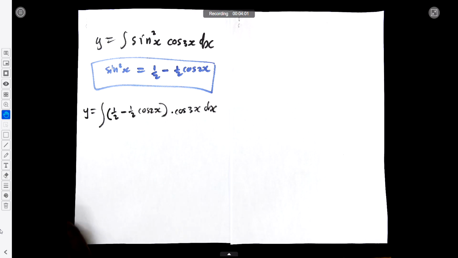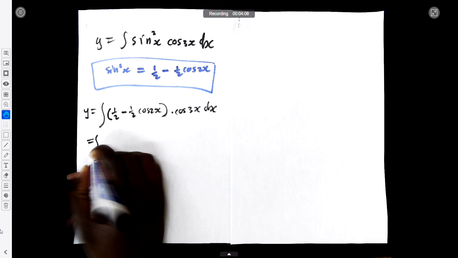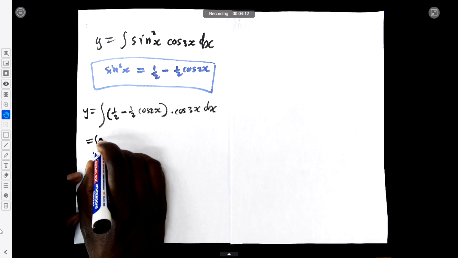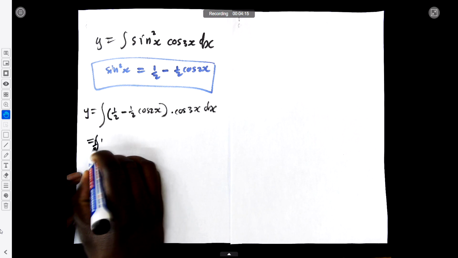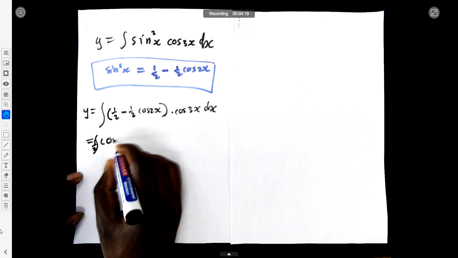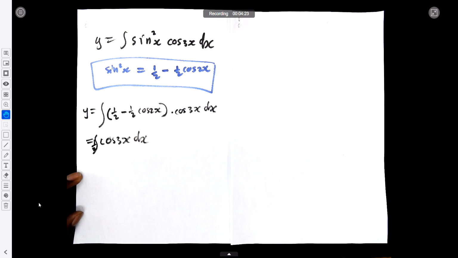Then in that case, we can multiply out that bracket so that we can integrate and see the functions that we're having. So half times cos 3x dx.